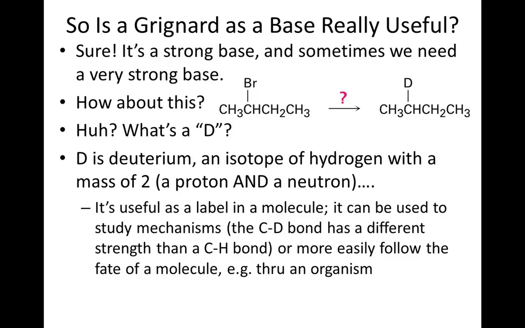There may be a couple of other examples that you've seen in the book that I did not talk about. Instead of H2 molecules, you can have D2 molecules, and if you did hydrogenation of an alkene with D2, you could introduce deuterium.